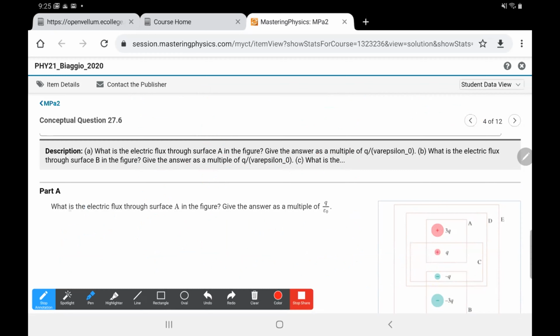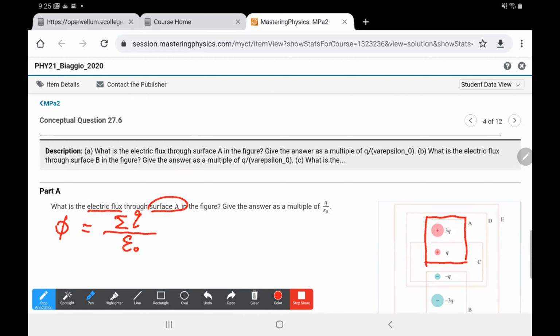So what's the electric flux through surface A? Surface A is here. This is surface A. So this is a closed surface. So for the closed surface, we can use Gaussian law. The total flux is equal to the total charge inside the surface A over epsilon naught.